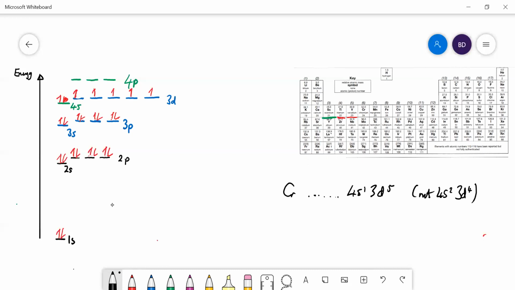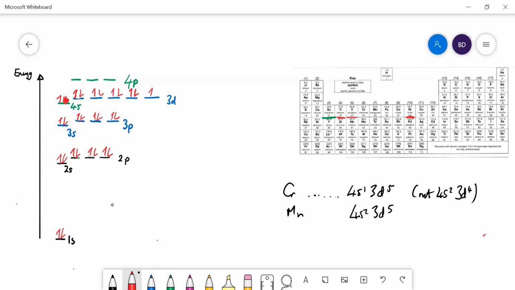Right, then when you go to manganese, which is after chromium, the 3d electron goes there. So manganese is 4s2 3d5. Then they start having to pair the electrons up, and that would be when you get to nickel, like that. And then with copper, you might expect that to happen, but actually it borrows this electron back again, like it did before.